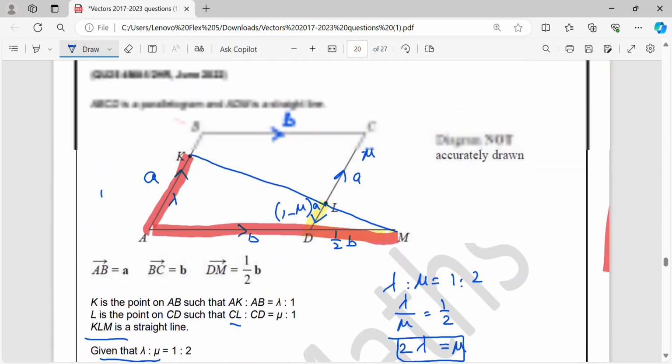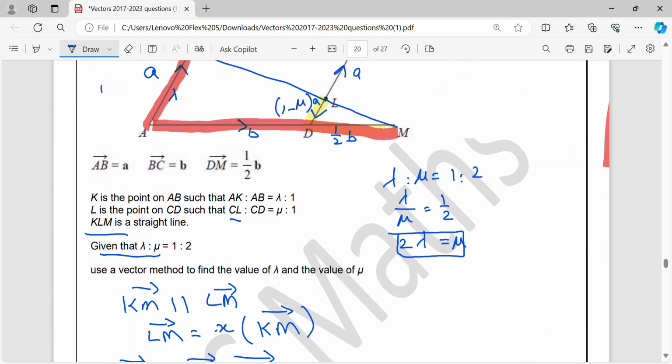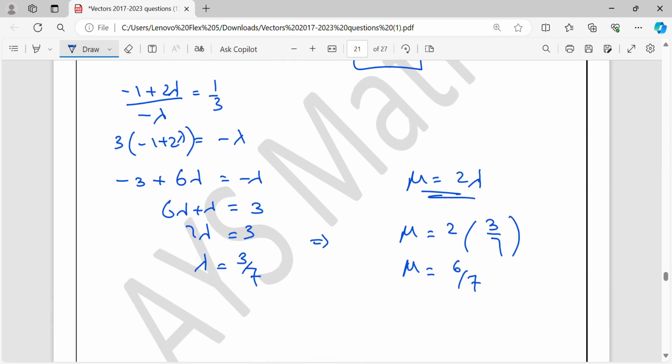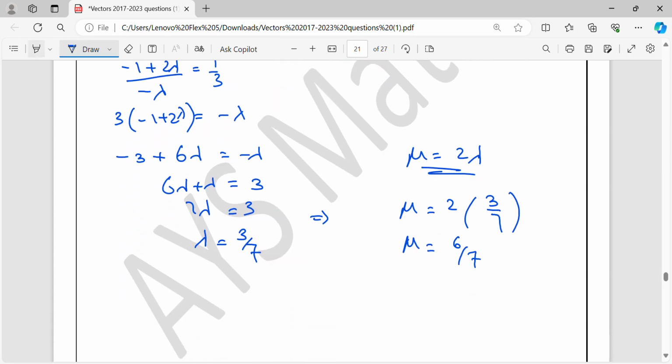The question says find the value of lambda and nu. So lambda is 3/7, and nu is 6/7.